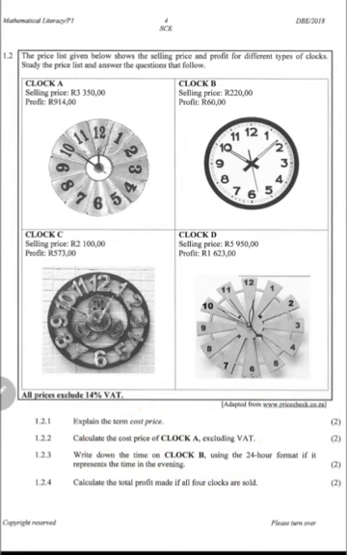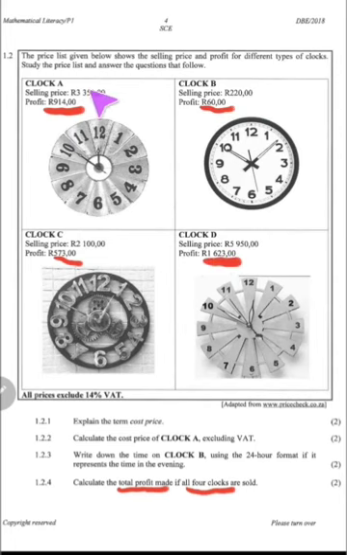Our last question, 1.2.4, calculate the total profit if all 4 clocks are sold. Basically the total means you add up all the clocks, but they ask us the total profit. So it's this profit plus this profit plus this profit plus this profit.